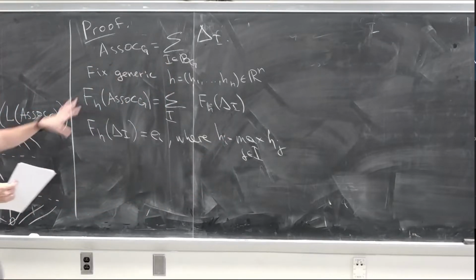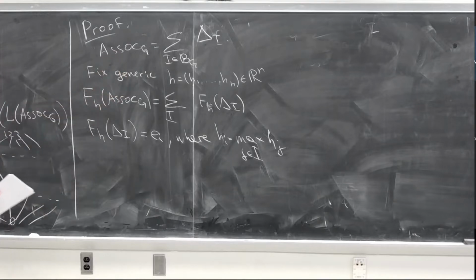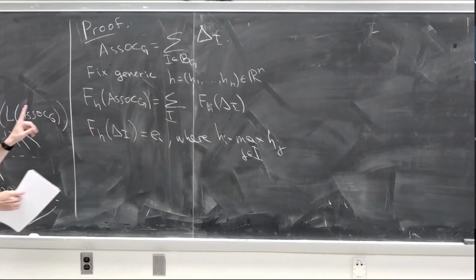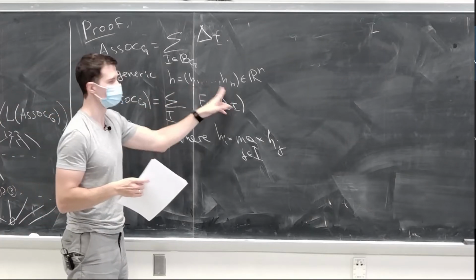Now, how do I go from here to a G-tubing? How do I connect this to the G-tubing? The procedure is actually going to be tricky. What I'm going to do first is find the global maximum of my vector h.